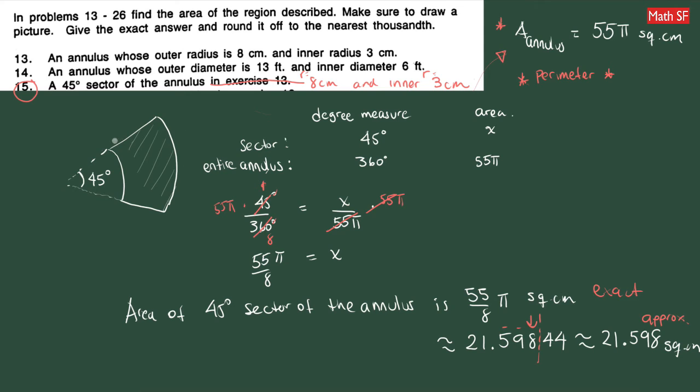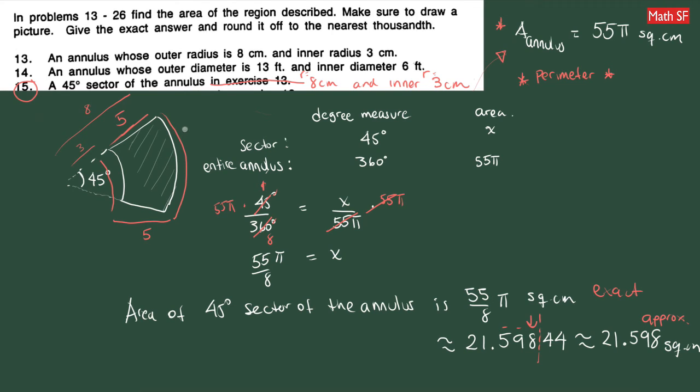So the perimeter will be the sum of this plus this plus this plus this. Okay, so do we know this part here? Well, if all of this was 8 and this is 3, then this part should be 5. So I have a 5 and a 5 here.